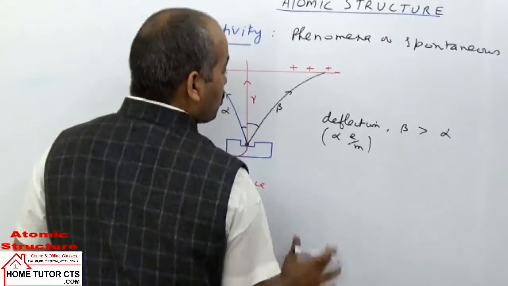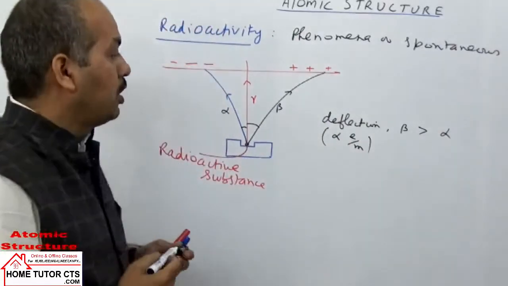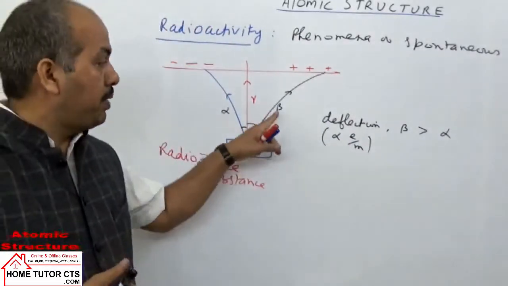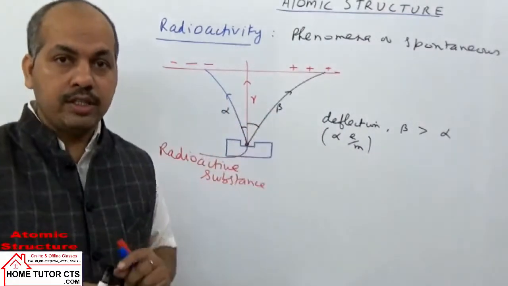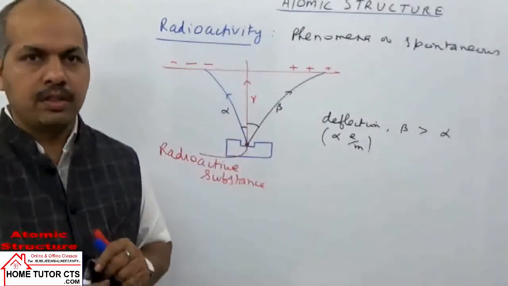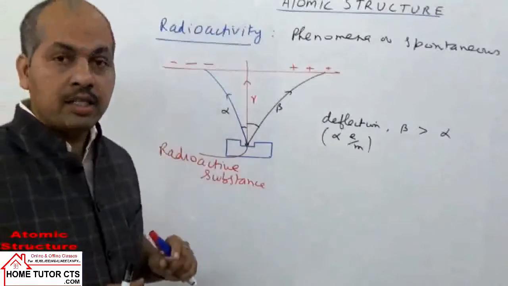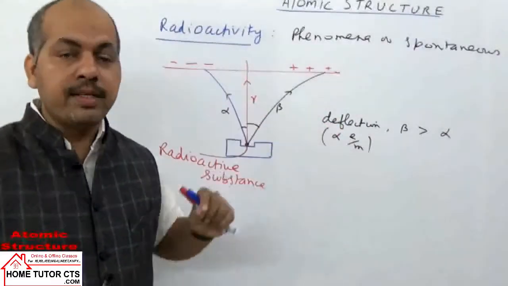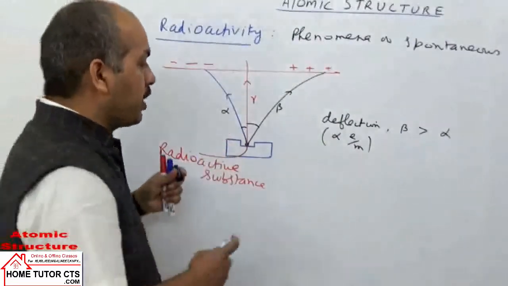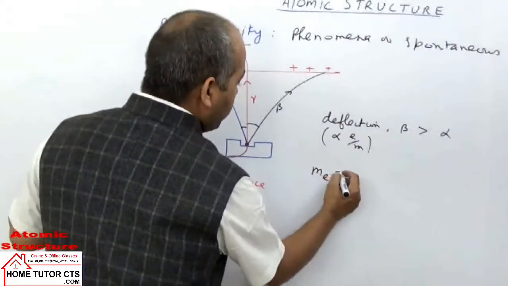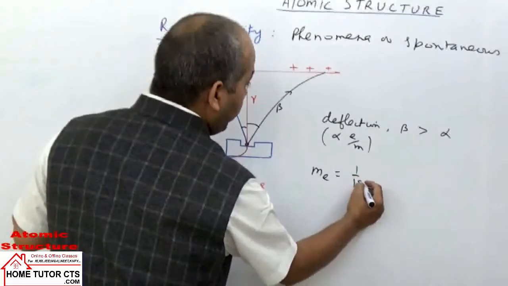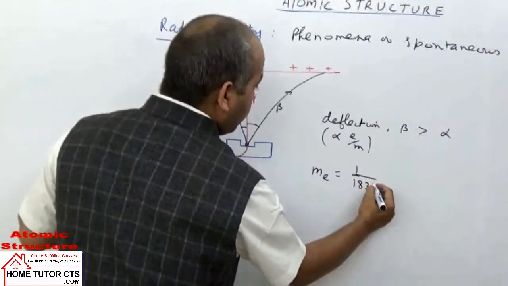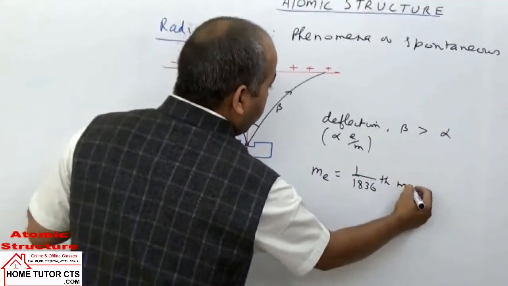Beta particles possess charge of 1 unit, which is lower compared to alpha particles, which have double the charge, but the mass is very different. The mass of an electron, the same as a beta particle, is 1 by 1836 times the mass of a proton.